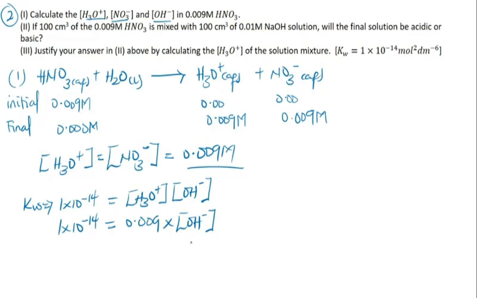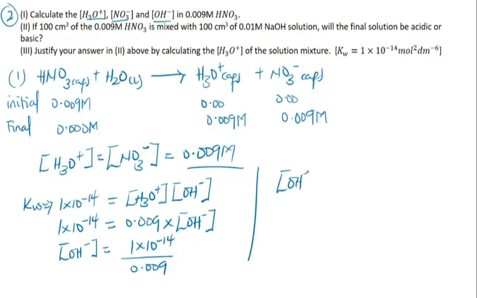Making OH minus the subject, OH minus is equal to 1 times 10 raised to the power minus 14 divided by 0.009. This gives us a value of 1.1 times 10 raised to the power minus 12 molar. Now let's move on to the II aspect of the question.